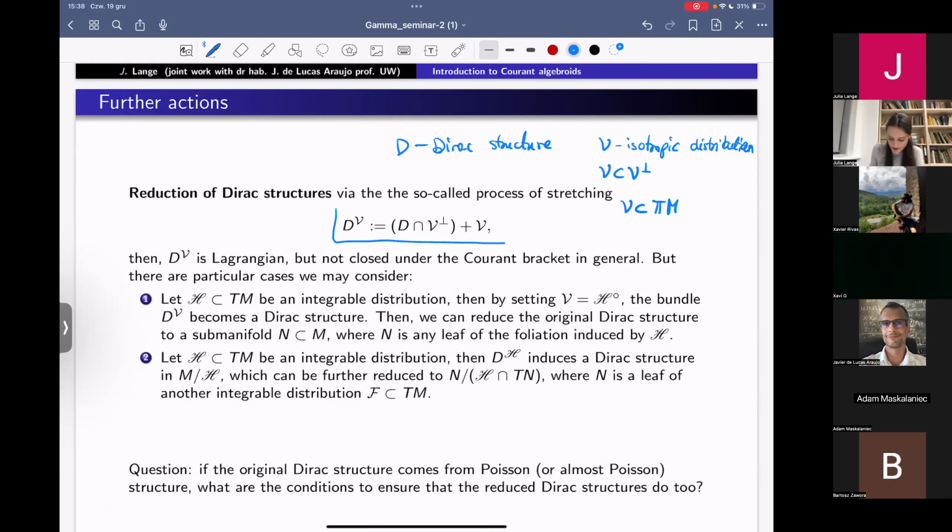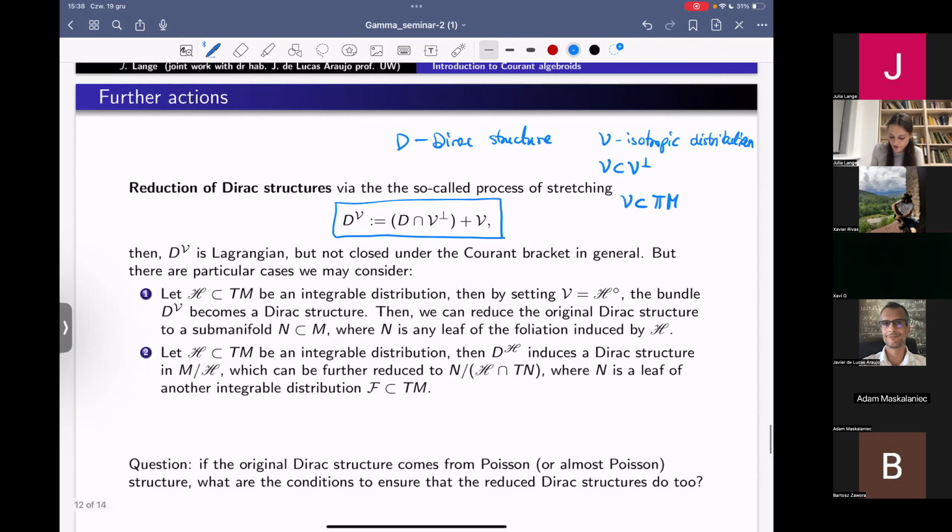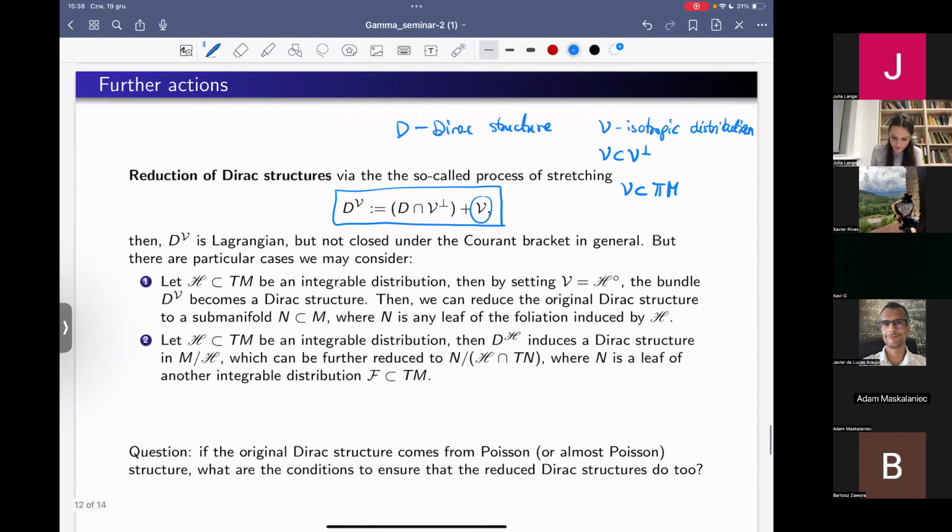So if we construct a bundle in this way, so we take the intersection with the orthogonal, and then we add this distribution, it turns out that this is Lagrangian, okay?